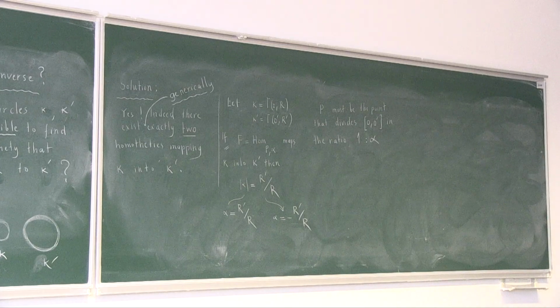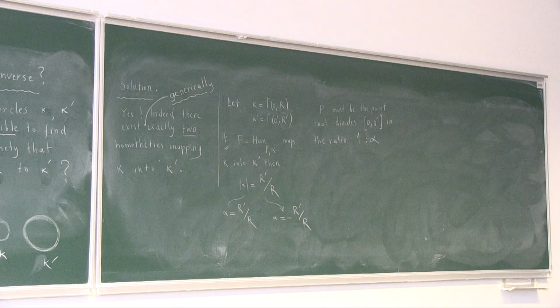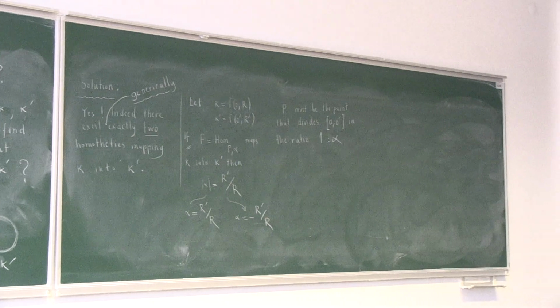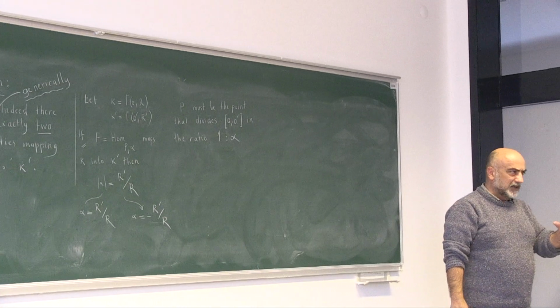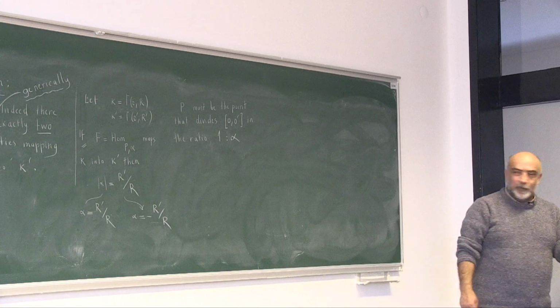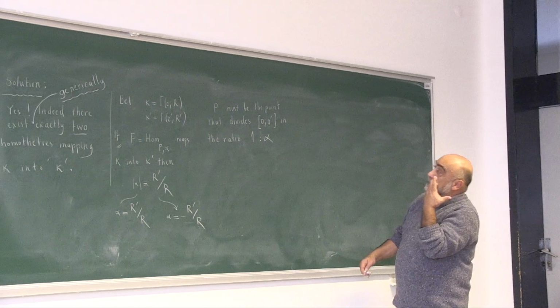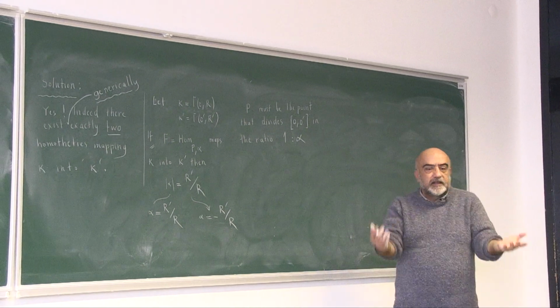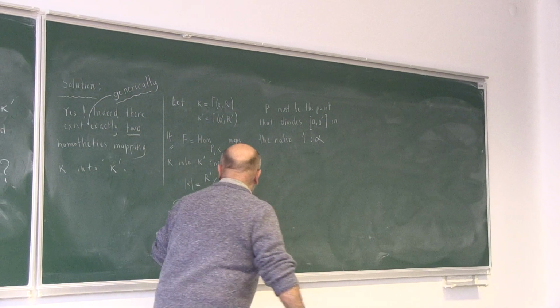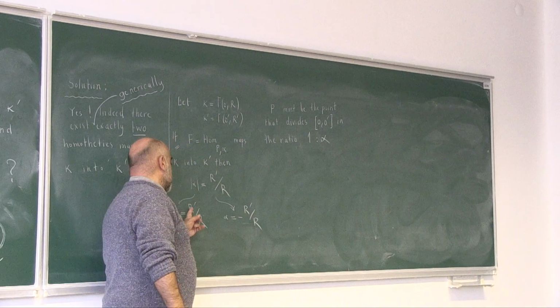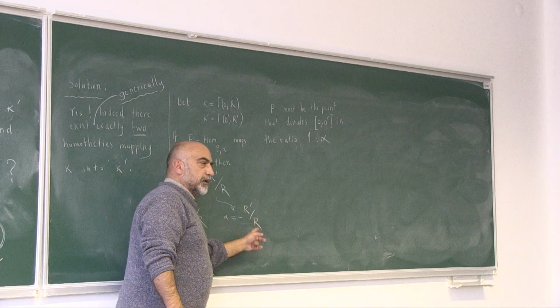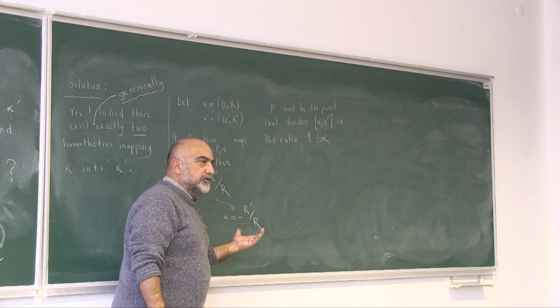I am making a deliberate mistake, but wait for it. Don't worry, it's not a terrible mistake. It's a non-generic mistake. It concerns the exception. Now, is it so? Okay, so let us go on. There are two possibilities for alpha. Either it is r prime over r, or it is minus r prime over r. So you can do them both.